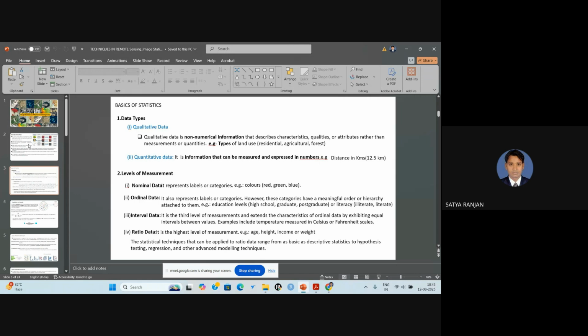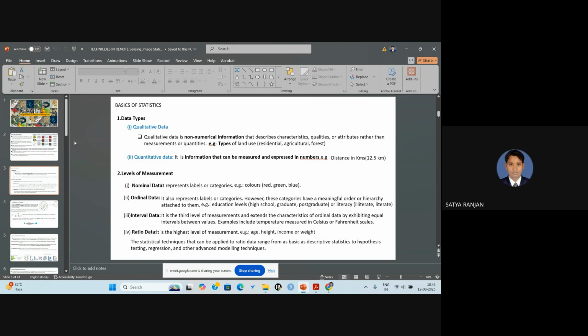Then there are levels of measurement, which include nominal data, which references levels and categories like green, red, blue, different colors. Then ordinal data, which represents levels or categories like different hierarchy, such as high school, graduation, post graduation, or literate and illiterate.